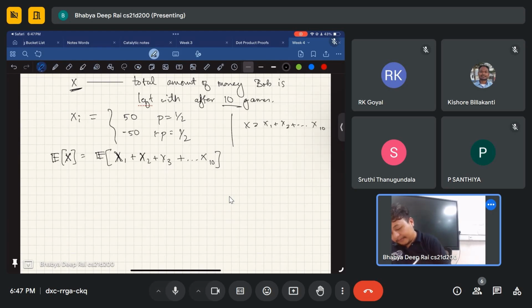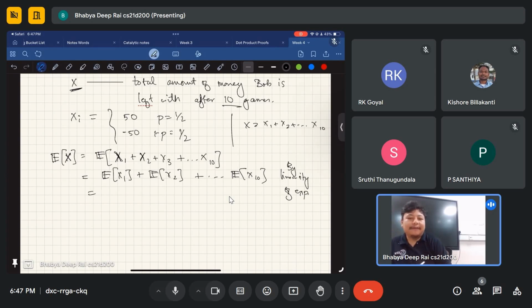Now what do you do? Now by linearity of expectation, which we saw last time, I can split it into several parts like this. Okay, and what do you have?